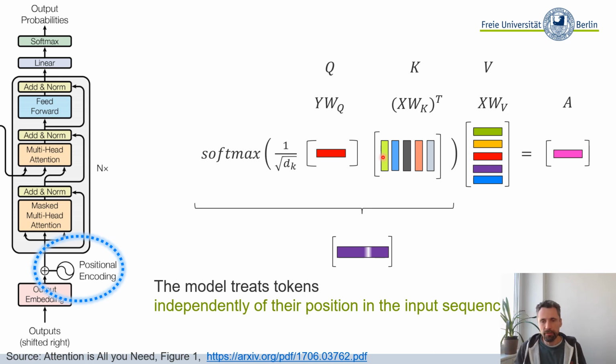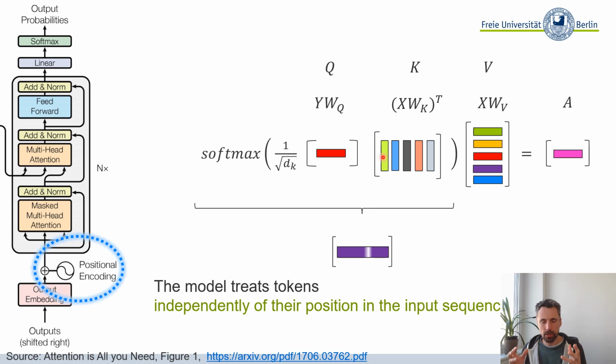So think of a word, like mobile phone or screen, computer, and these words or tokens will be represented in a space independently of where they are in a sentence, because right now we haven't yet told the model where these words were, right?